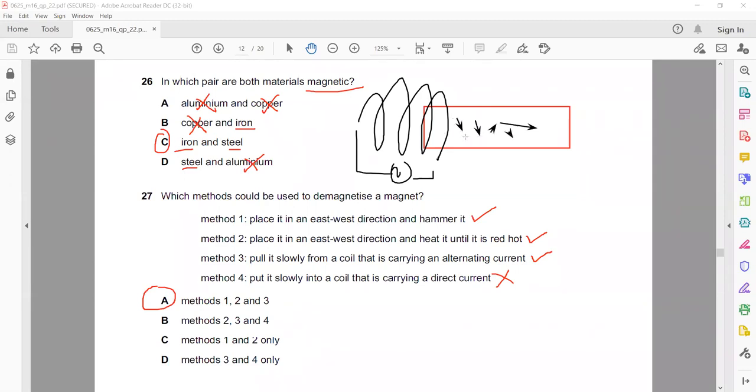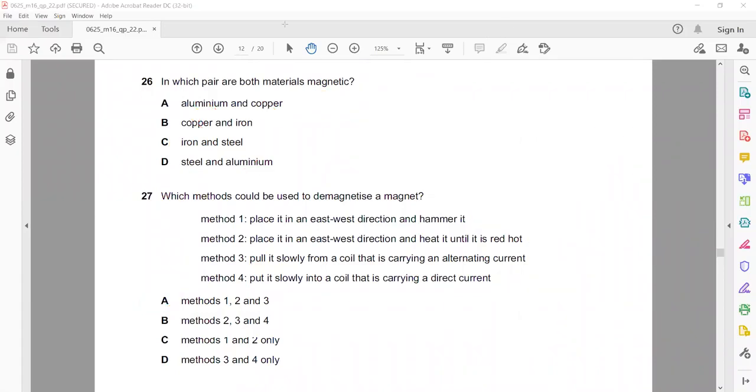Why is he mentioning east-west direction? Because when you want to demagnetize a magnet by heating or hammering in a north-south direction, what will happen to this magnet? It will magnetize according to Earth's magnetic field.